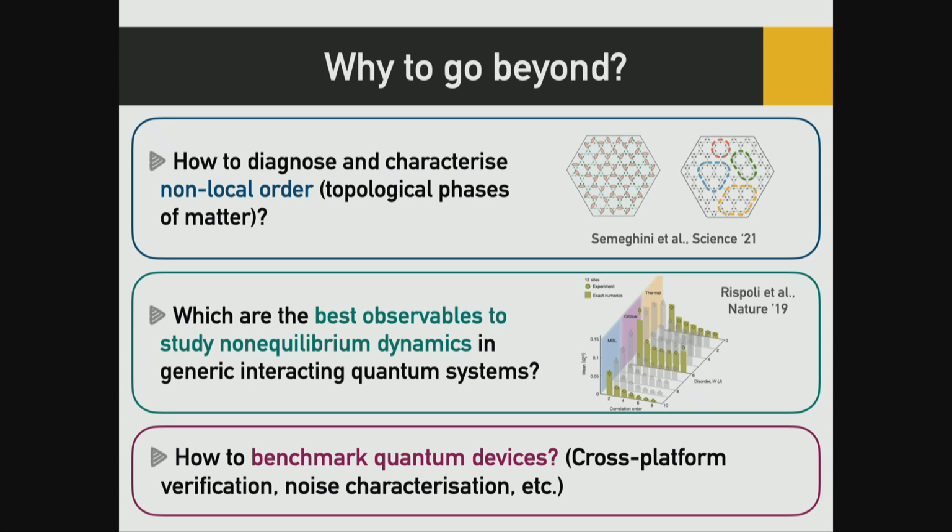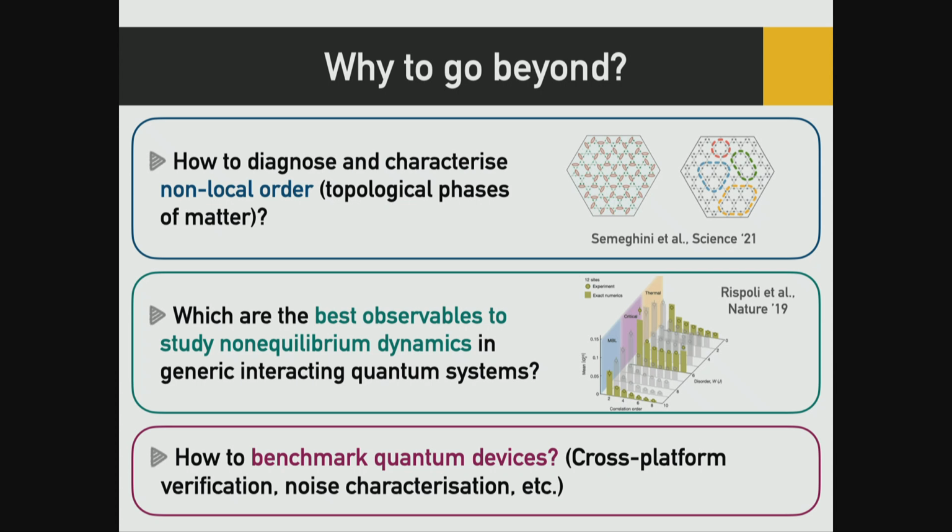There are some other reasons why we would like to go beyond this kind of description, and here I'm showing you 3 examples of what I think represents this point quite well. The first one is systems for which we know that the physics is described in terms of non-local correlations.